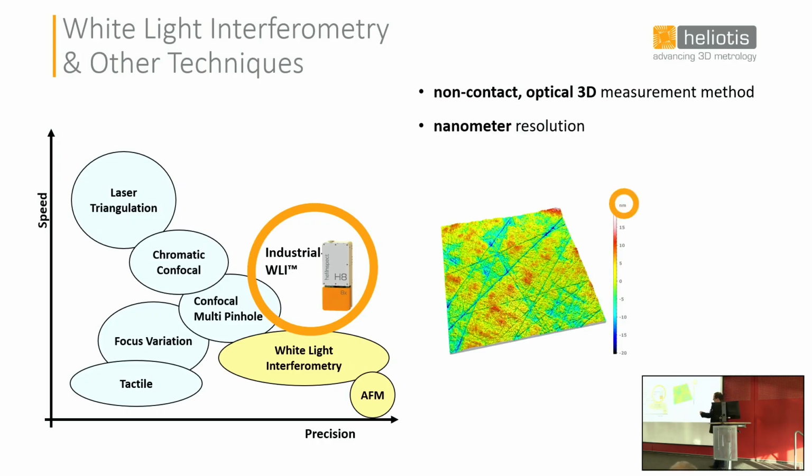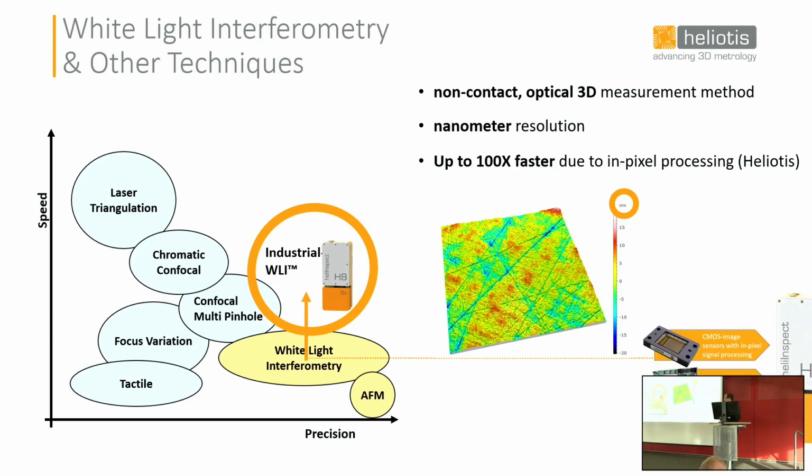So it's on the graph, it's on the high precision end, but very typically it's a fairly slow measurement technique. The specialty of Heliotis is actually trying to push it upwards to have the same resolution with substantially higher speed, up to 100 times higher speed.